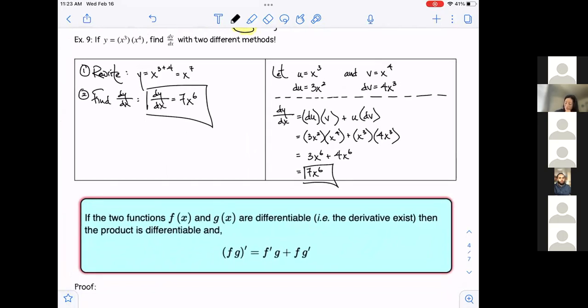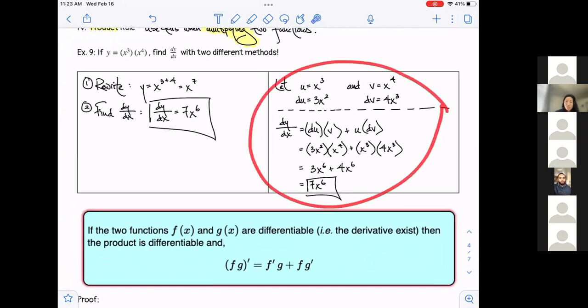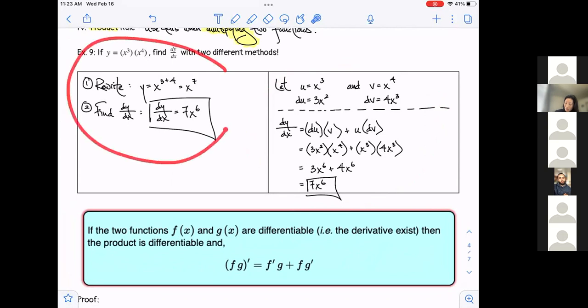I wanted to show you this so that we could see how the product rule works, but you can also approach this question by simplifying first. So simplifying first can get you pretty far.